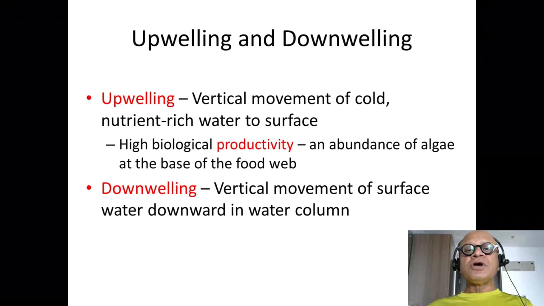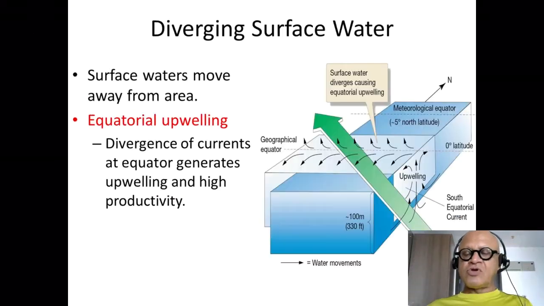So water upwelling tends to be only a few millimeters per second, a few meters per day. Okay, that's something you have to remember. So high biological productivity, or abundance of photosynthetic algae, which serve as the base of the food web, tends to be in upwelling regions. Downwelling is where convergence happens and surface water sinks or goes down.